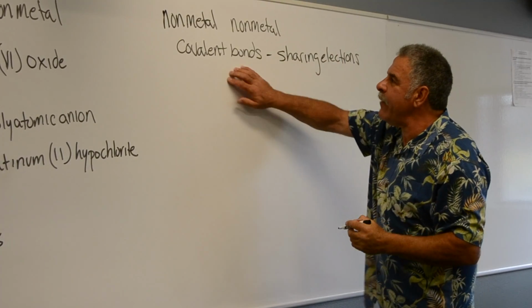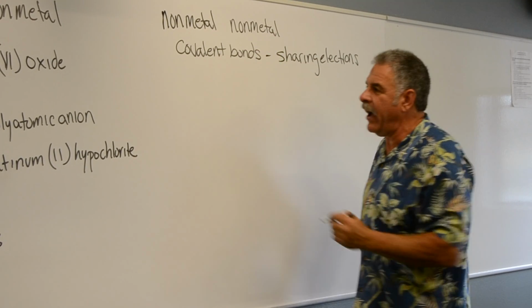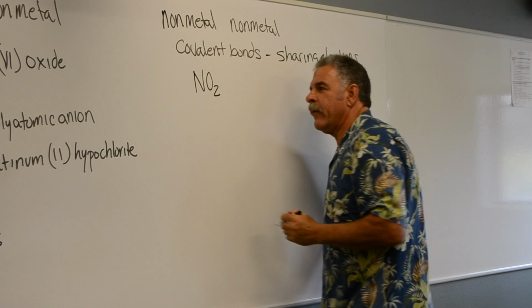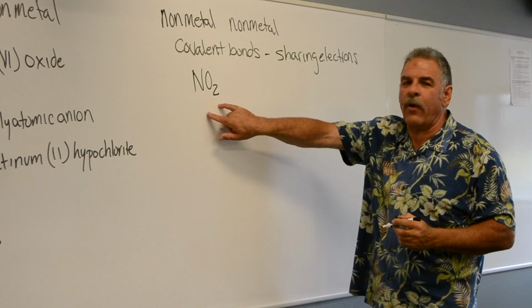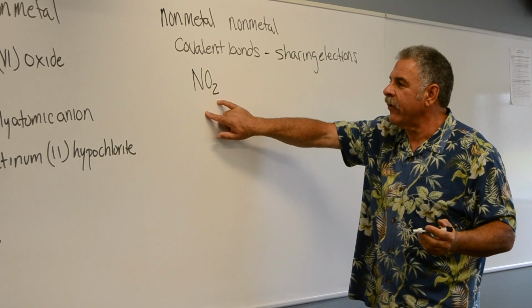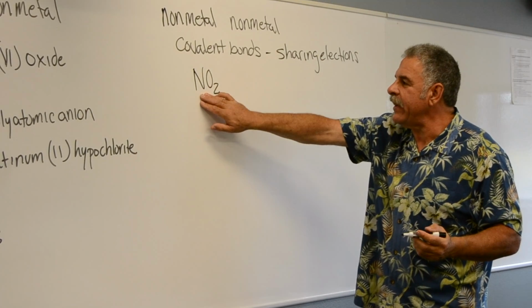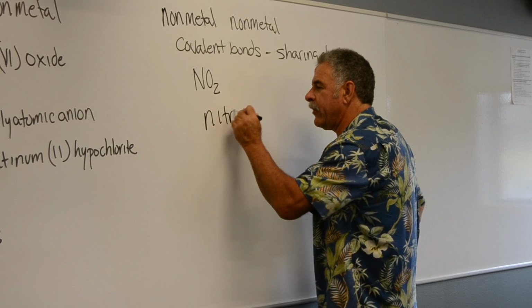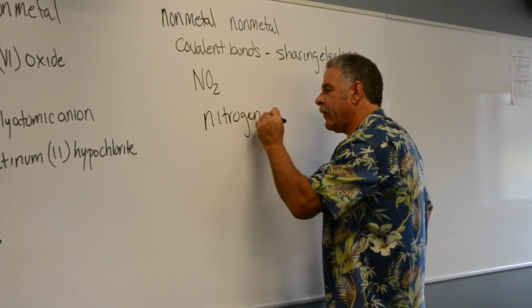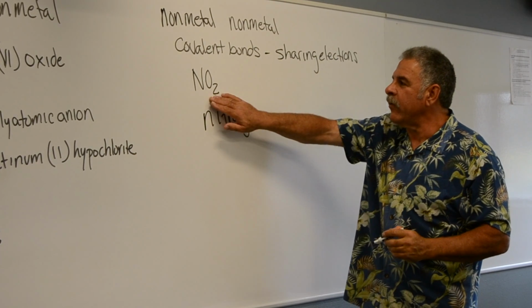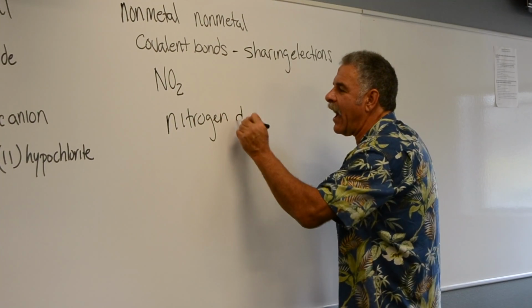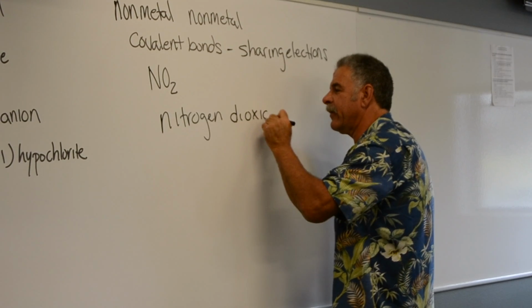So when we name a non-metal compound like NO2, we have to describe both things because they're shared. So when there's only one N and it comes in the front, we just use the name nitrogen. Now, there are two oxygens, so we say dioxide.